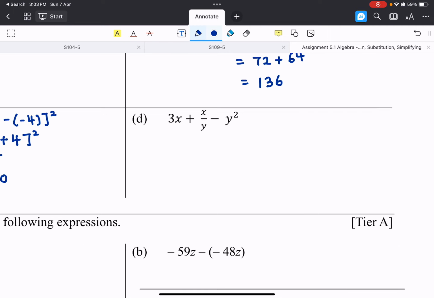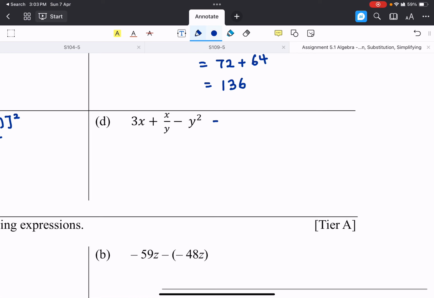Okay, and part D, well, part D we have some fractions, but let's be careful here. So 3x is 6, and then we have 6 in the numerator, negative 4 in the denominator, minus, again, negative 4 squared. So there are a few parts here.